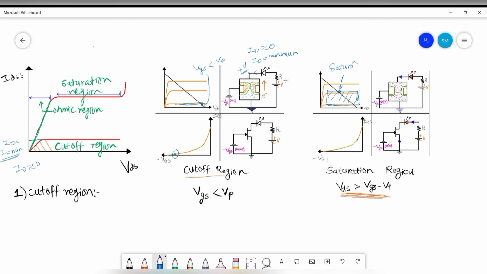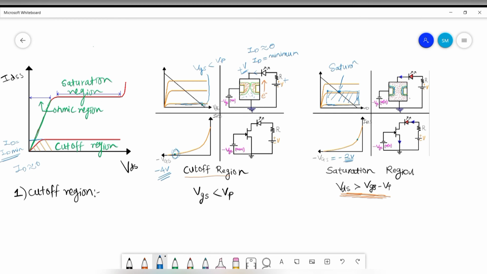In the saturation region, as you can see, the depletion region decreases. Why? Because in the earlier case our VGS was, let's say, around -4 volts, and right now our VGS is around -2 volts, so VGS is tending towards 0. That's why the depletion region also decreases.